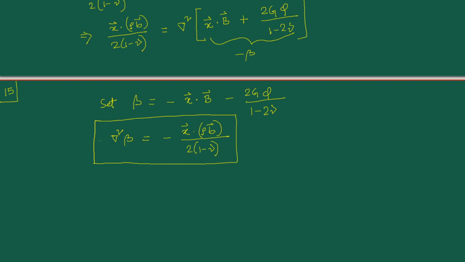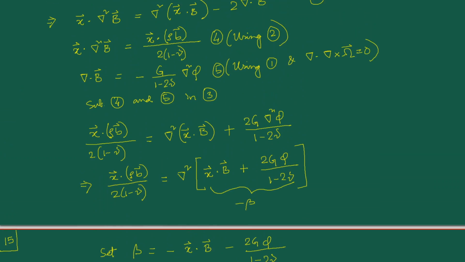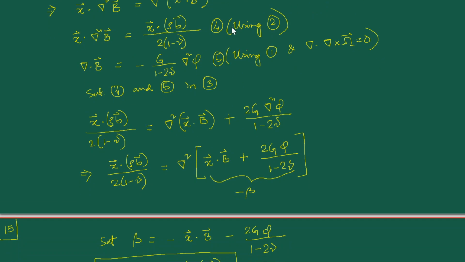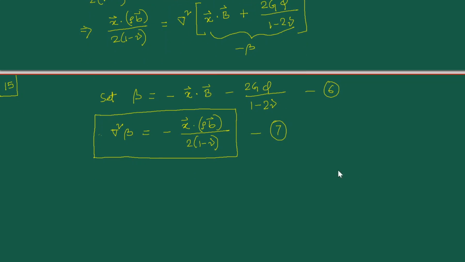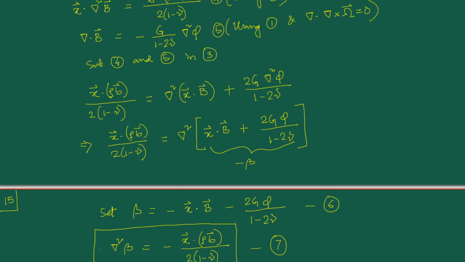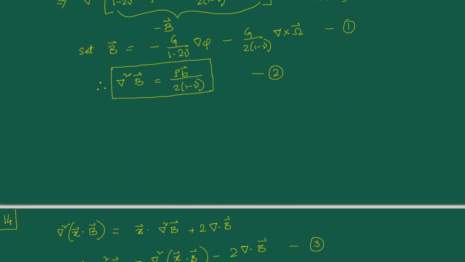Let me number the equations. The last equation that I had used was 4 and 5. Let me set this as 6 and this as 7. The previous equation was equation number 2.